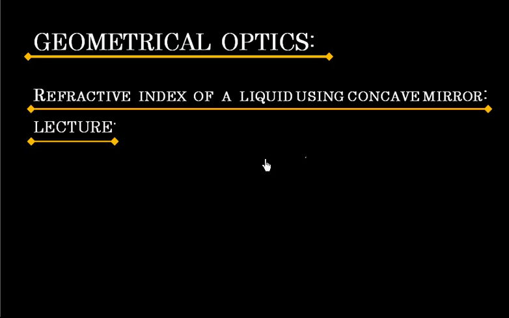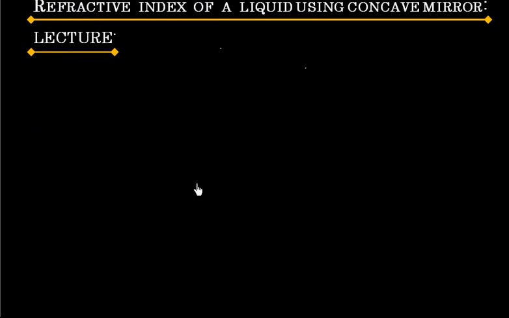In this lecture, we will discuss how to find refractive index of a liquid using concave mirror. So let us say we have a concave mirror, and this concave mirror is filled with the liquid for which we have to find out the refractive index.